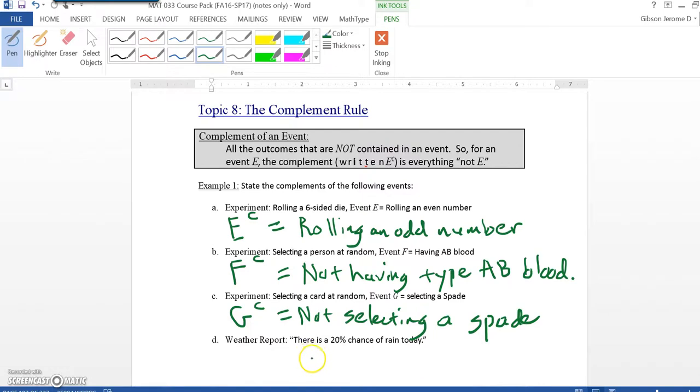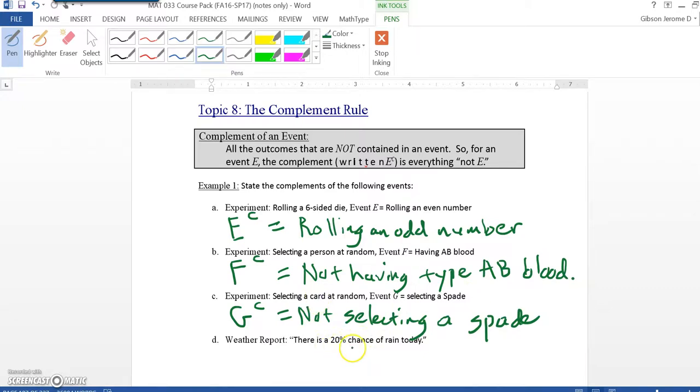Now we come here to D, the weather report. There's a 20% chance of rain today. Now we know whenever we're dealing with percentages, typically when we hit 100%, there's nothing else, though we know of situations where we could go above 100%.